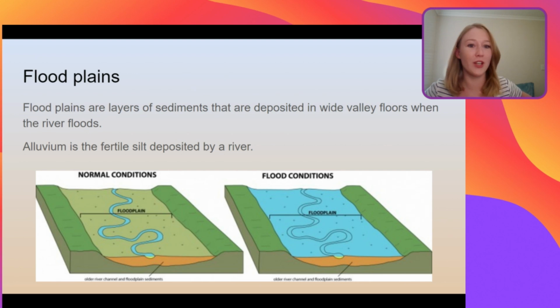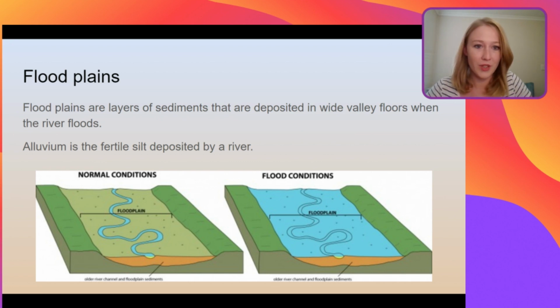Okay, we've reached the lower course. We're almost at the mouth, almost at the delta. Floodplains. Floodplains are areas where the river will flood into. So if the river floods, it's carrying more water than it can carry.